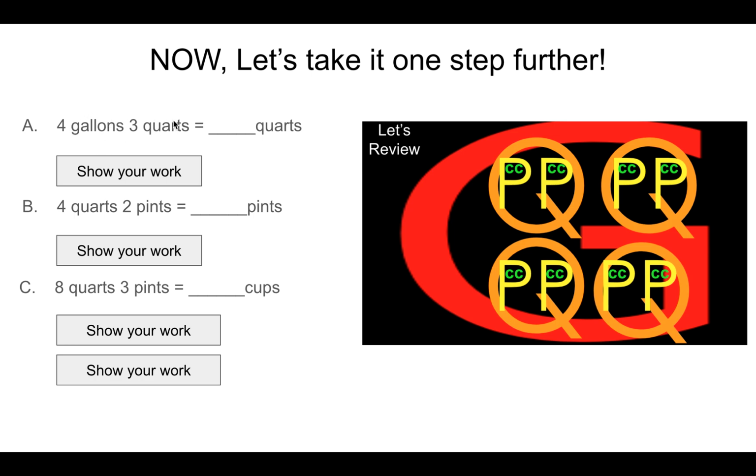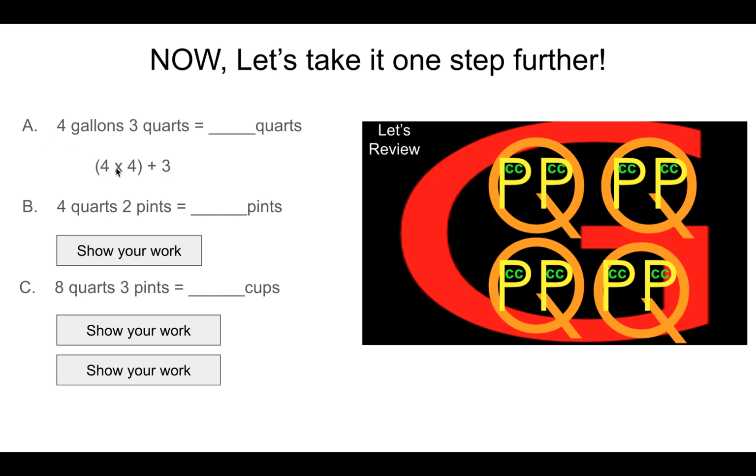So if I have to convert one measurement, it's going to be the gallons, because the 3 quarts is already in the measurement that we're trying to find. So I don't need to convert that. I will need to add it on, but I don't need to convert it. The 4 gallons, that's my first step. I must convert that first. So, how can I get 4 gallons to be converted into quarts?